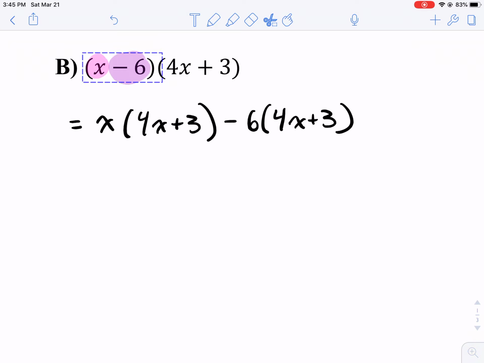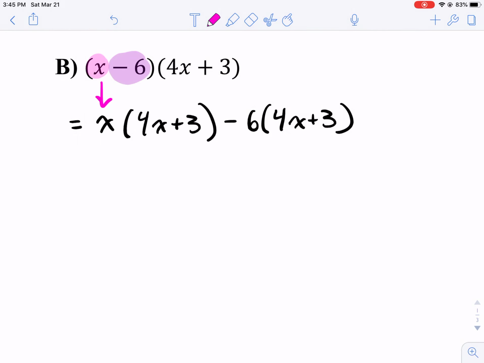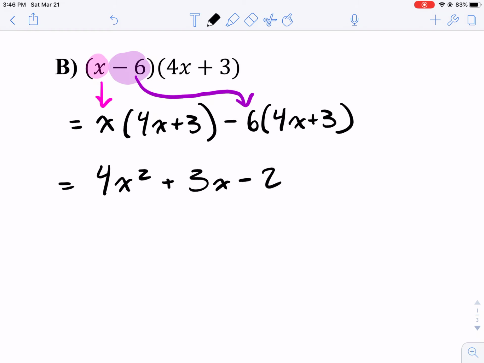Again, we took both of these guys from our first binomial, we split them up, brought our x down here, brought our negative 6 over there, and now we're going to use the distributive property here and here. So that will give us 4x squared plus 3x minus 24x minus 18.